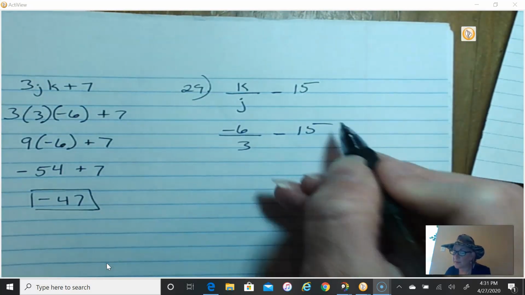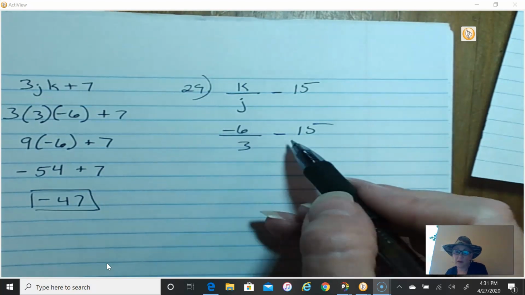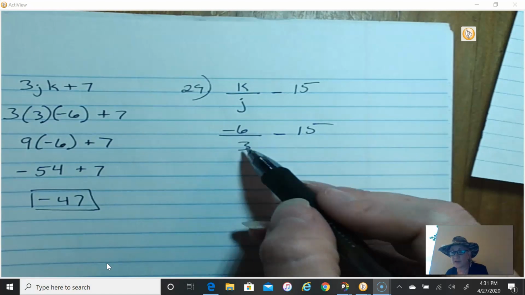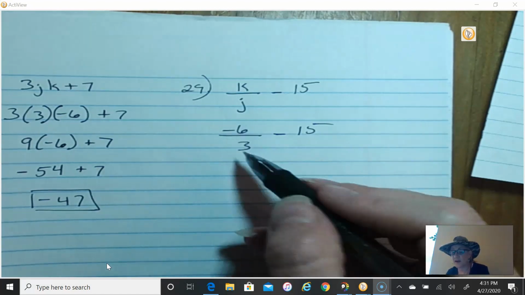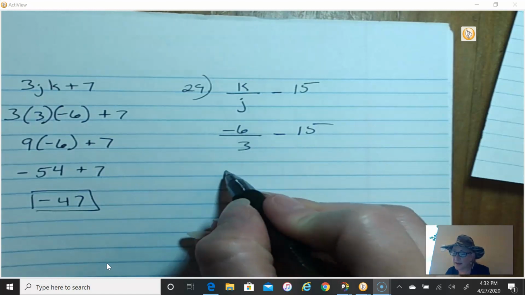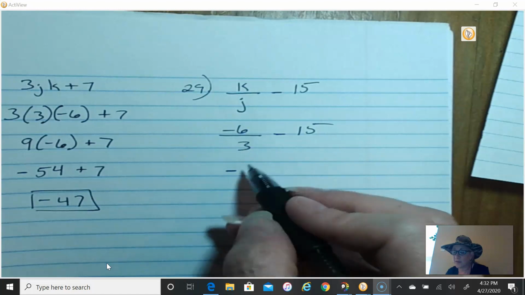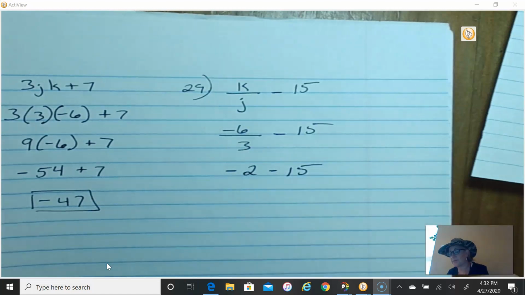Minus 15. Okay, this is a minus or a negative, but either way, and this is division. Which do you do first? Order of operations, we divide. So negative 6, and negative divided by a positive is a negative. 6 divided by 3 is 2. So negative 2 minus 15.